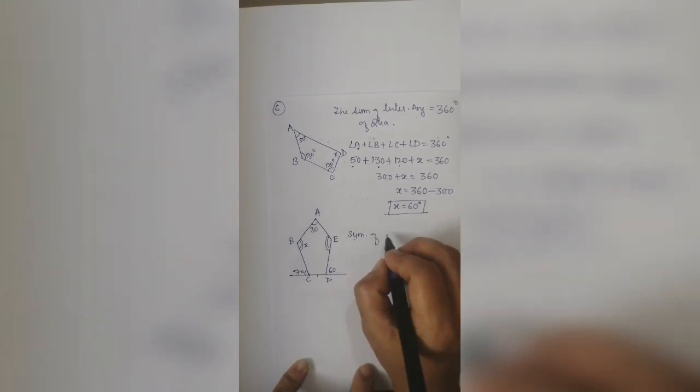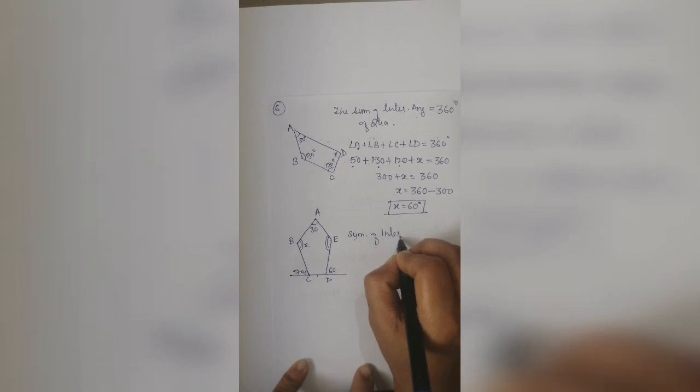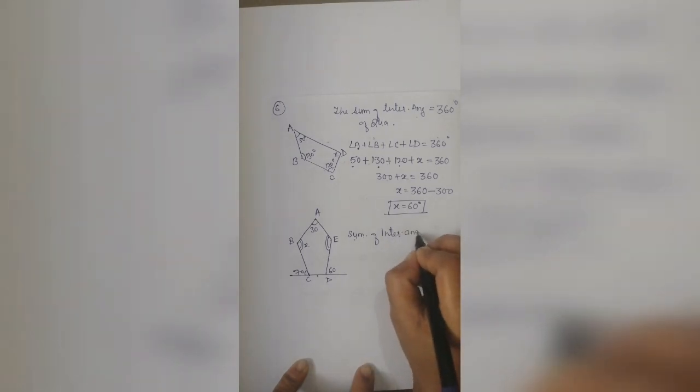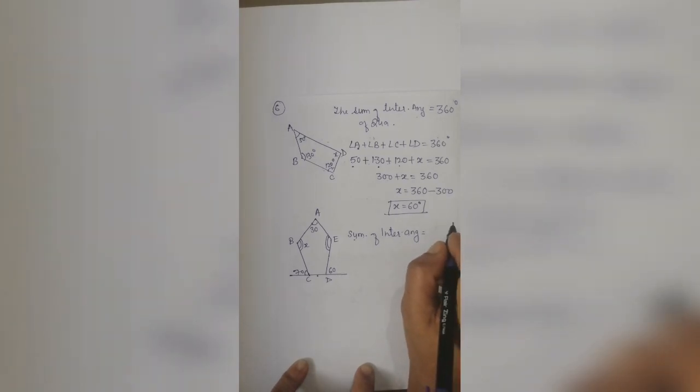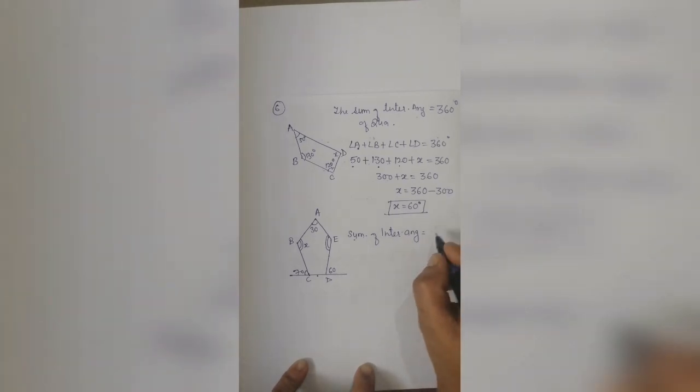If you do not remember it, okay, you can use the formula and directly write it for the pentagon. The sum of the interior angles of the pentagon is 540.